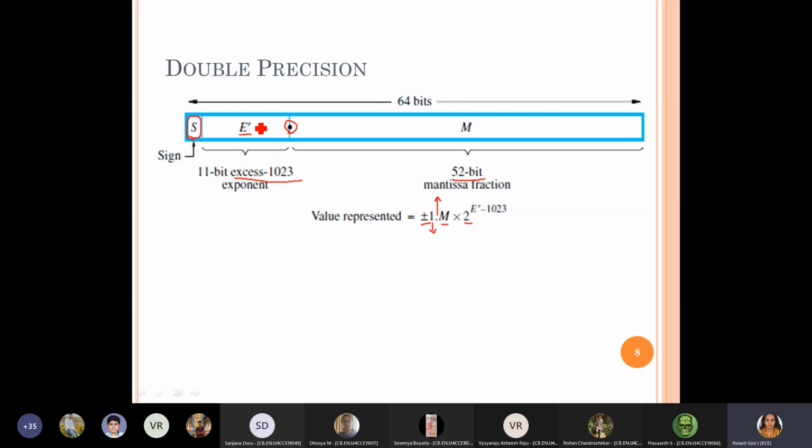So whatever the 11-bit combination you get here, that value minus 1023 will give you the exact exponent value. Can you just take a minute and digest the information?